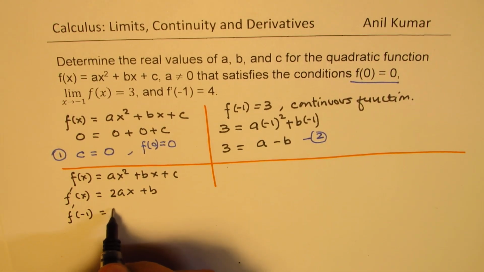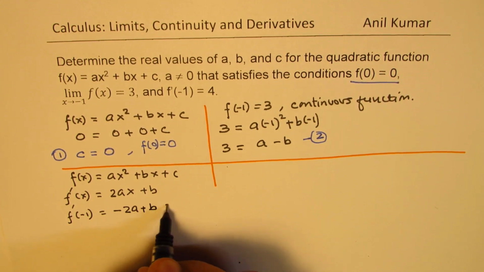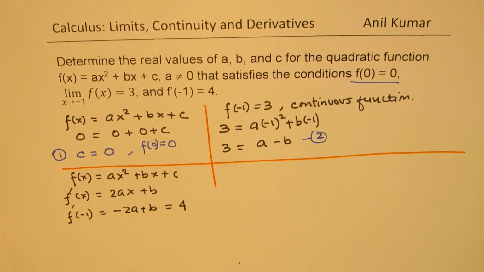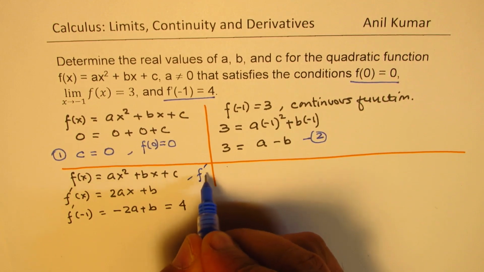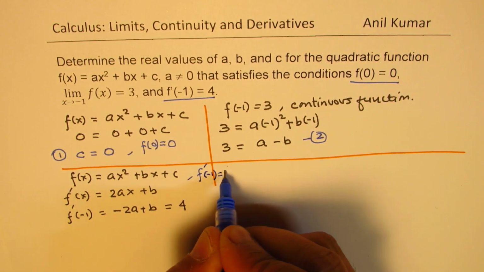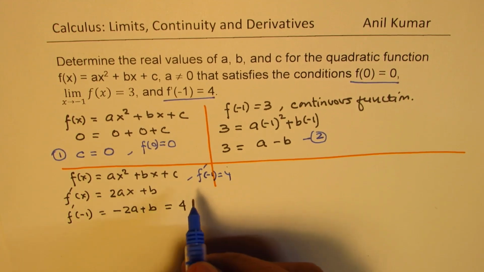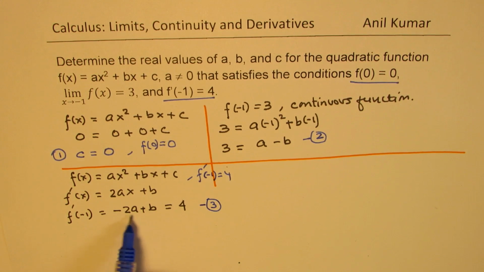Let's substitute minus 1 here, so we get minus 2a plus b equals 4. Clear? So that is what we get from the condition 3, which is f dash of minus 1 equals 4. Perfect. So we have our third equation. Let's call this equation number 3, which is minus 2a plus b equals 4.